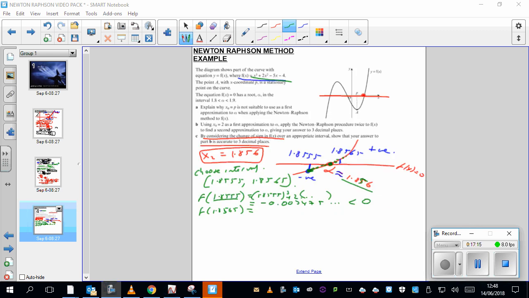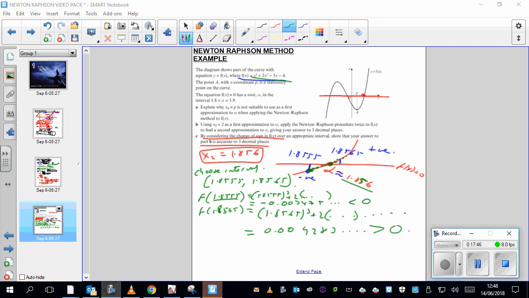And if I whack in 1.8565, but remember I have to write in 1.8565 cubed plus 2 blah blah blah blah, actually put it in, okay, in order for you to get your method marks. So answer cubed plus 2 answers squared, take 5 answer, take 4, I get 0.009283, okay, and that's enough, which is positive.